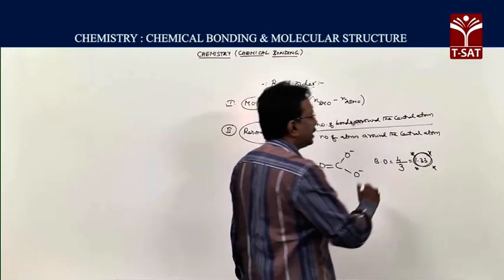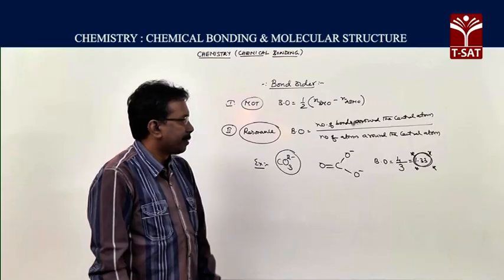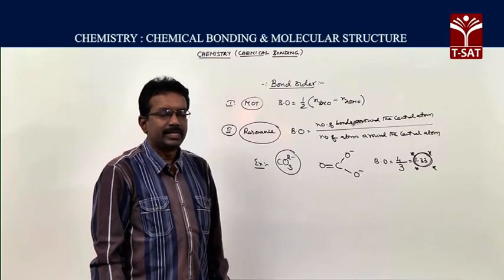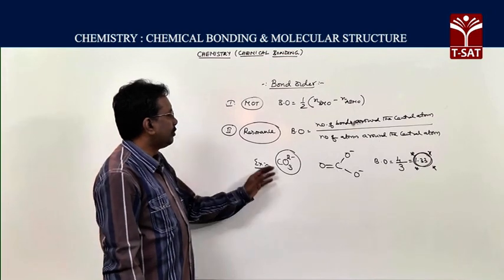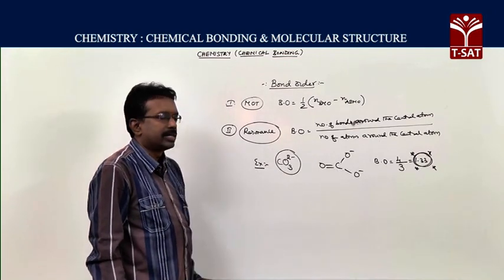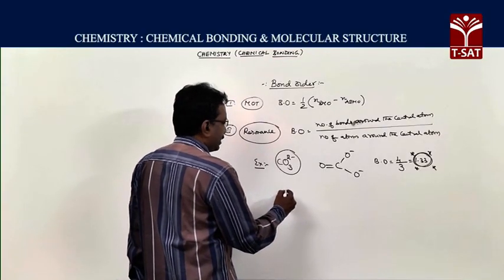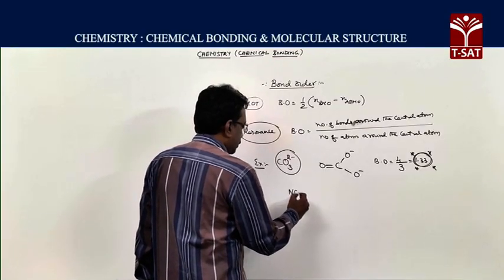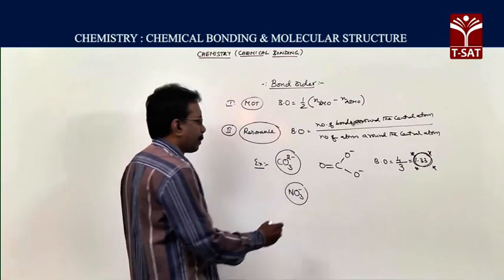So, this 1.33 fractional bond order also indicates the bonds are intermediate between single bond as well as double bond. That is the influence of resonance and bond order. Suppose one more example I am giving here, NO3- nitrate ion.